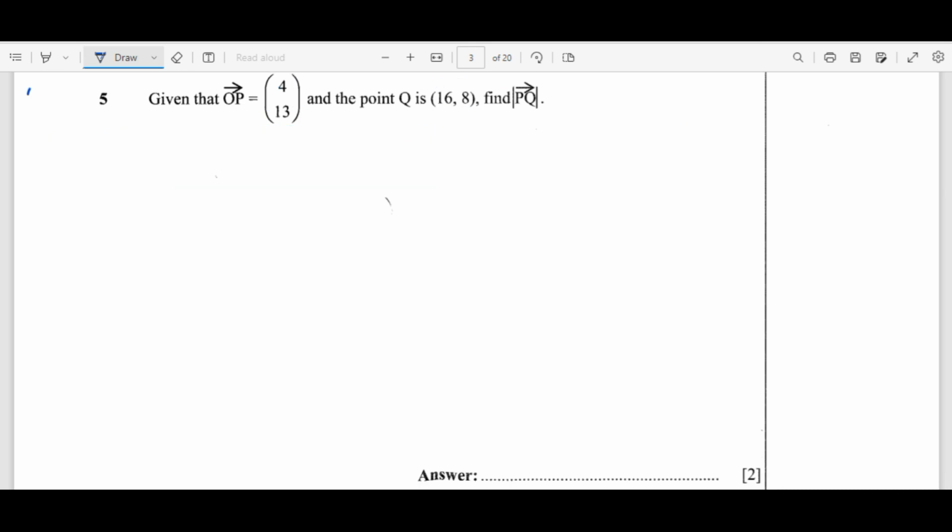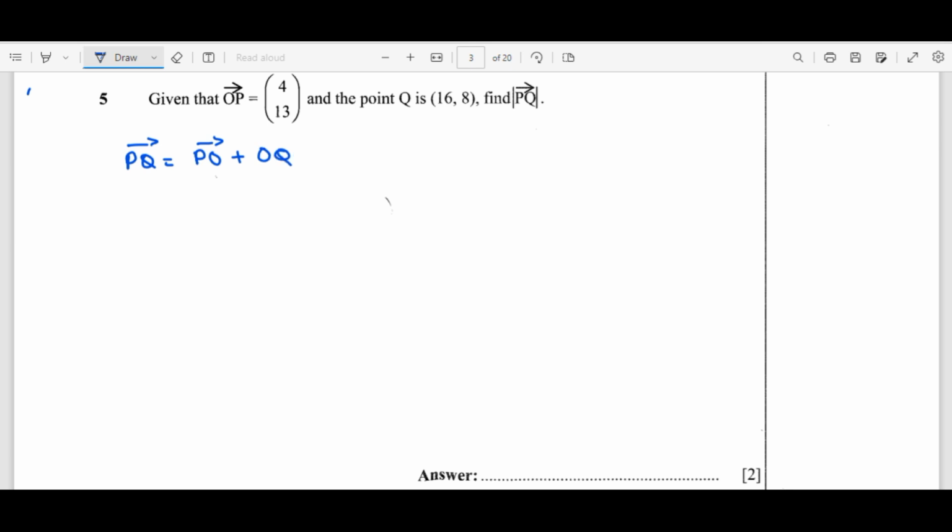The other method that you can use: PQ is equal to PO plus OQ. Don't forget the direction.